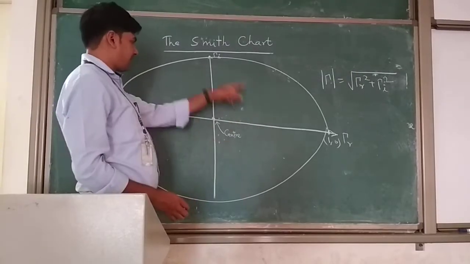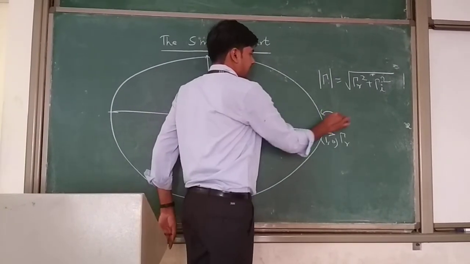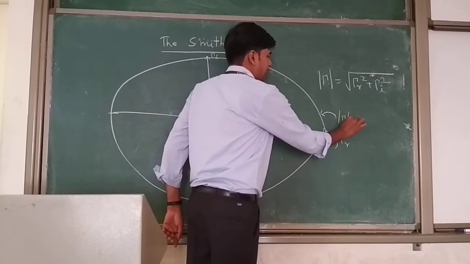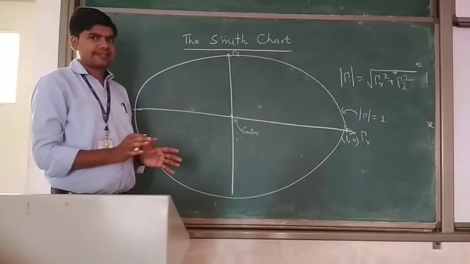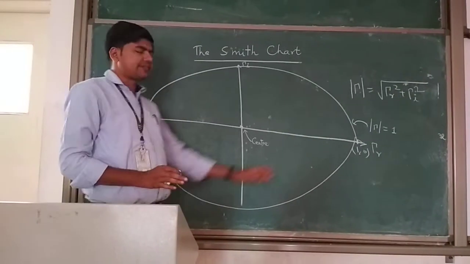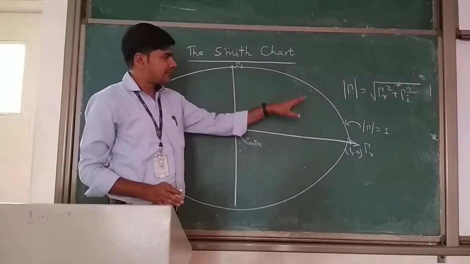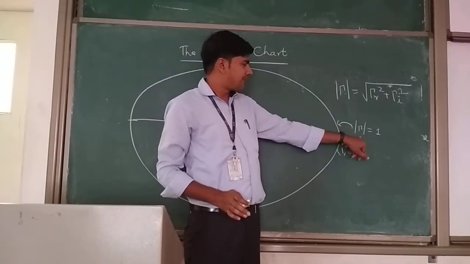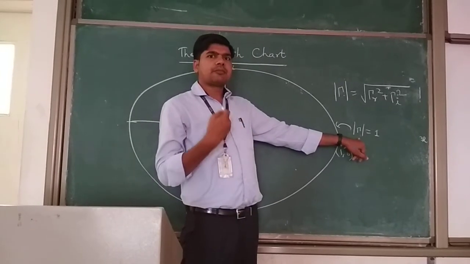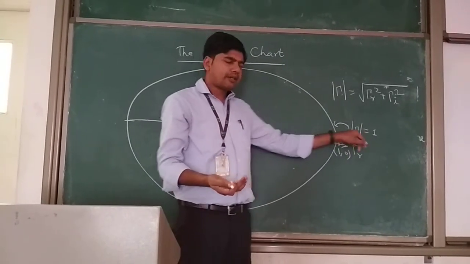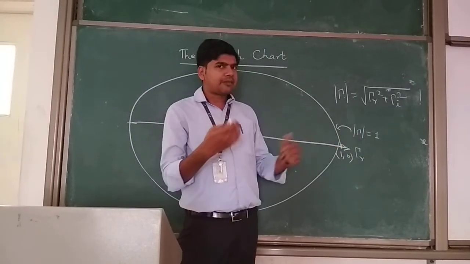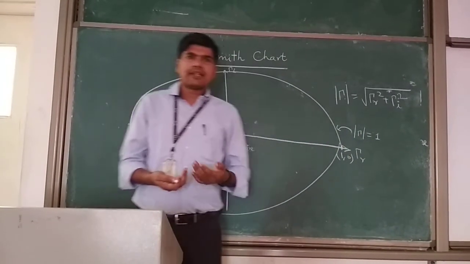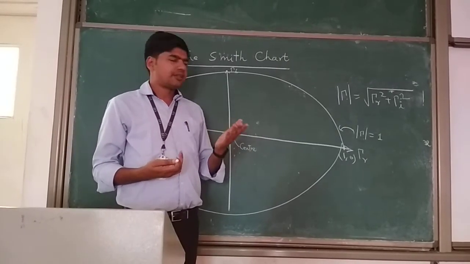So this circle means magnitude of gamma equal to 1. All the impedances will be inside this circle only. Outside this circle, the magnitude of the reflection coefficient is more than 1, and that will become an oscillator.